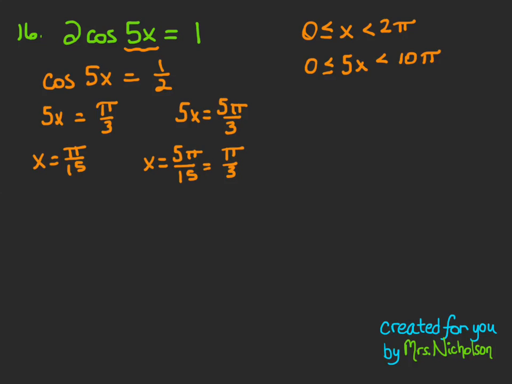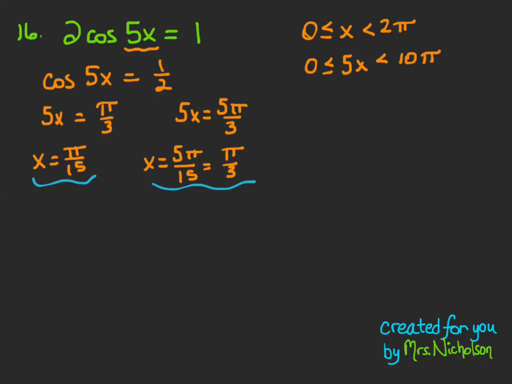If I multiply 2 pi times 5, we get 10 pi. And that means that I'm going around the unit circle 5 times to get to 10 pi, which means in each rotation around the unit circle I get two answers. We've already got two answers here for our first rotation, but I need to get 10 answers total. So let's think about this.